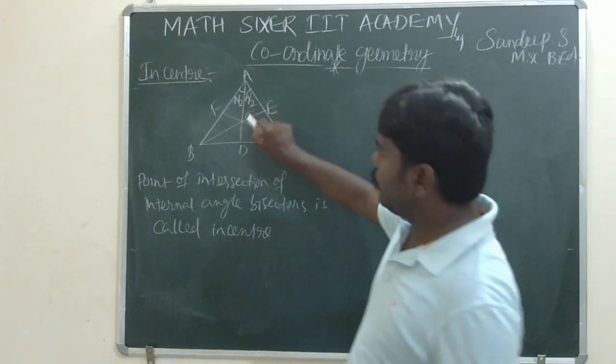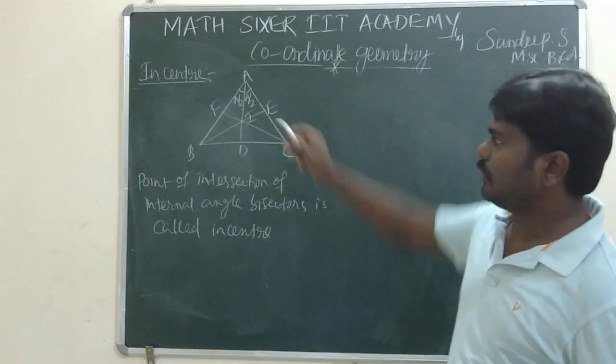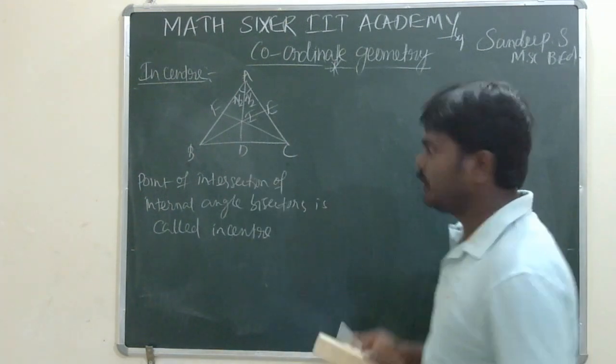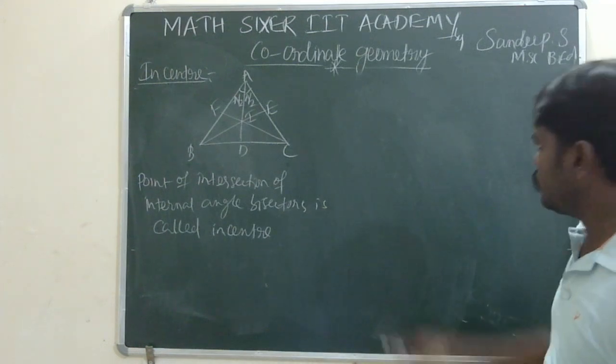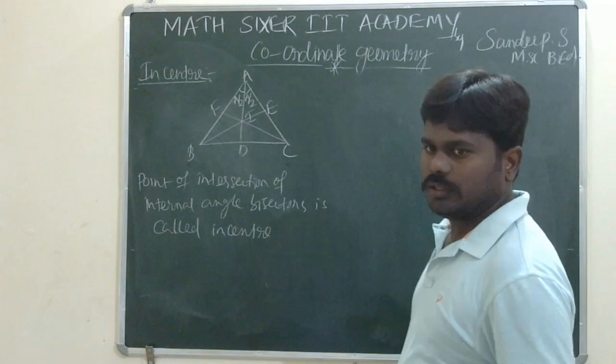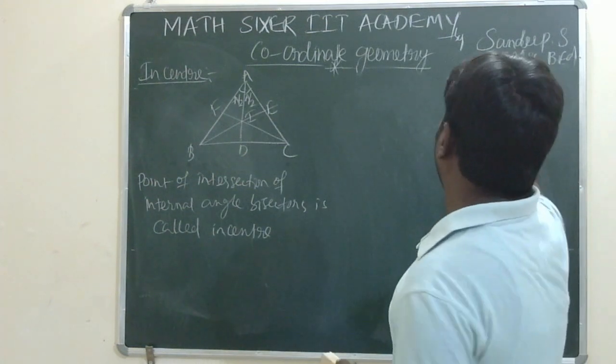Now, how to find the incenter? If you want to know the derivation of the incenter formula, we must know the internal angle bisector theorem. I will discuss that first, and after that we will go to the proof of this. So here I am taking a triangle ABC.